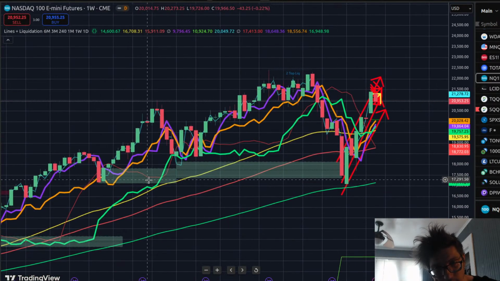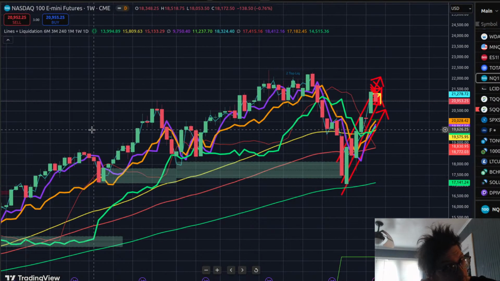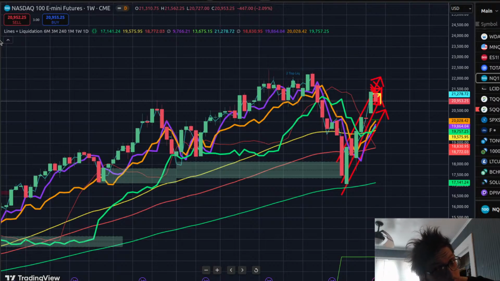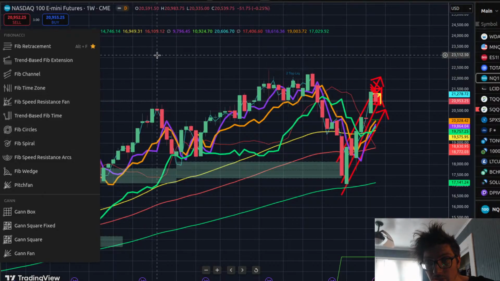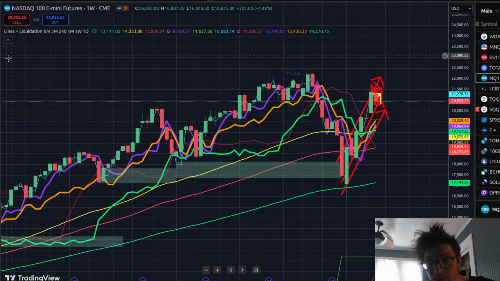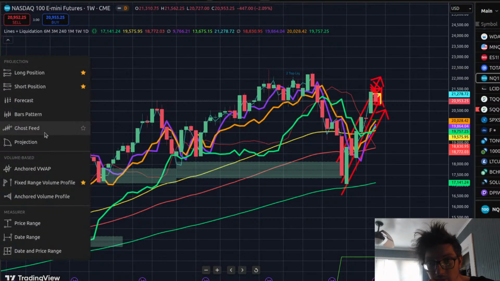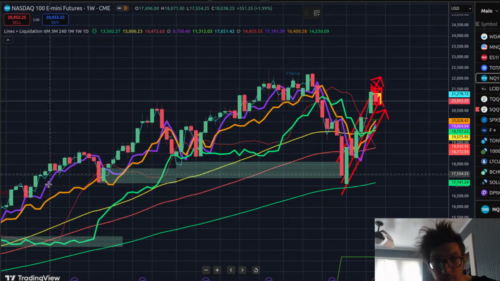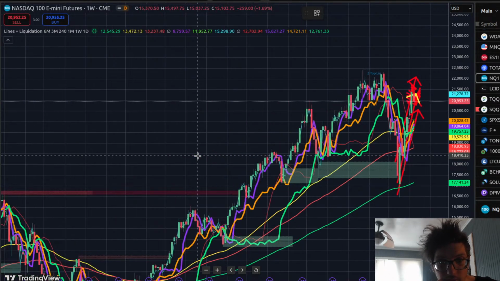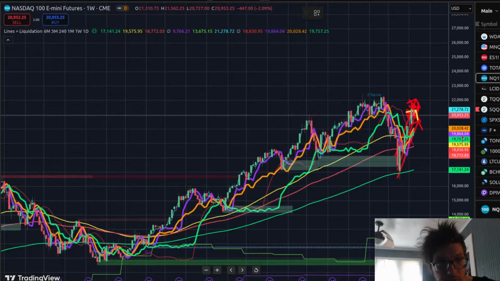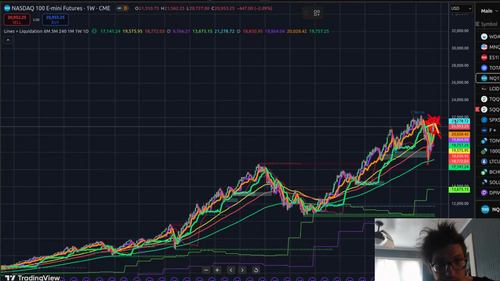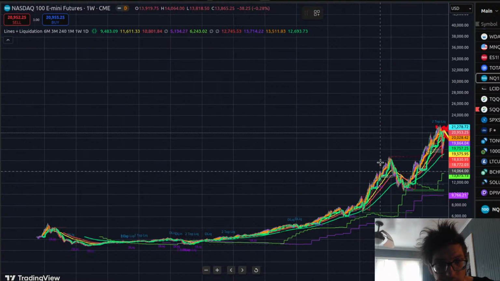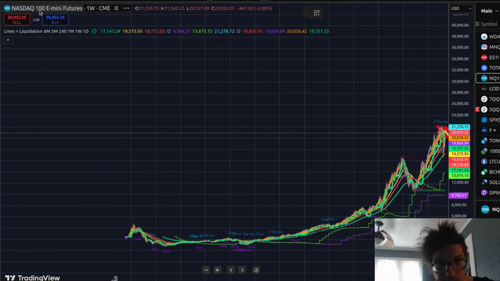And one of the things you could do, TradingView offers, where is it? Give me a minute. There it is, fixed range volume profile. So we'll zoom out a little bit more. Okay.